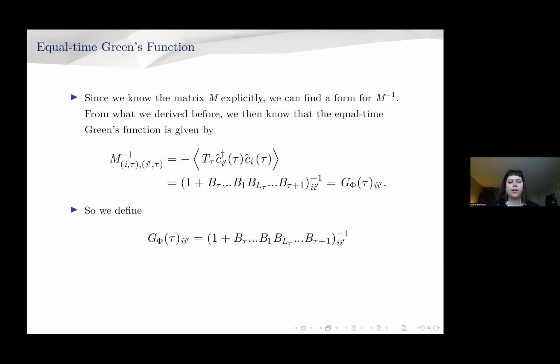And so we define it using this notation that you saw yesterday for the Green's function with its dependence on the auxiliary fields. And as Johannes mentioned in his talk, the equal time Green's function really is the central quantity of the algorithm.